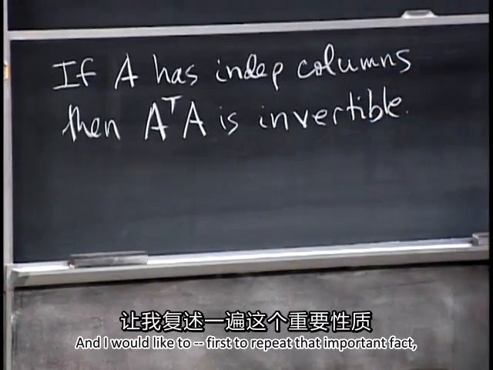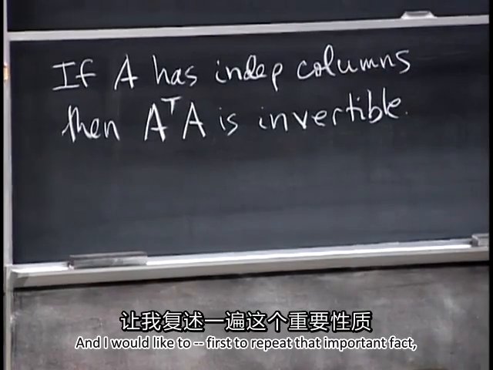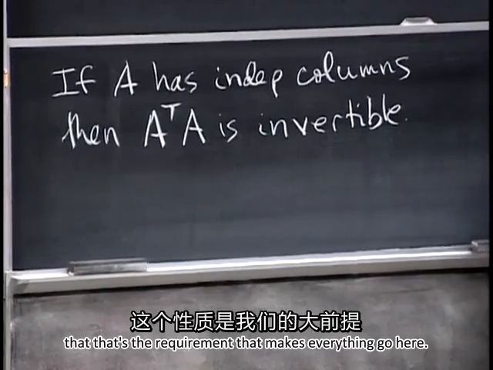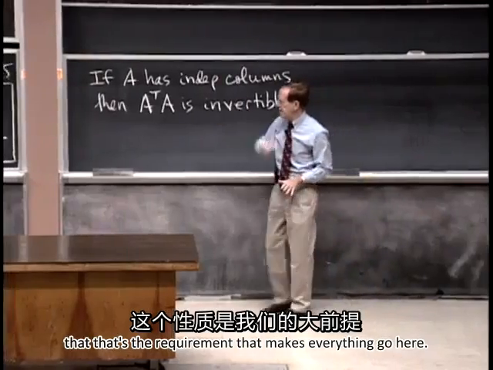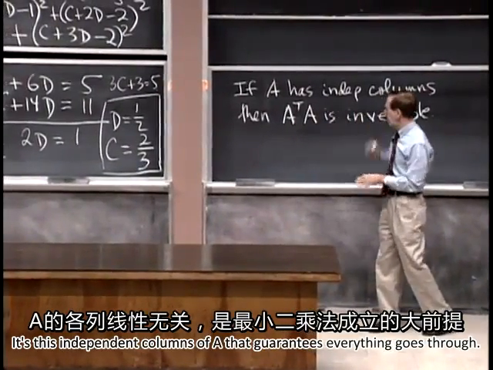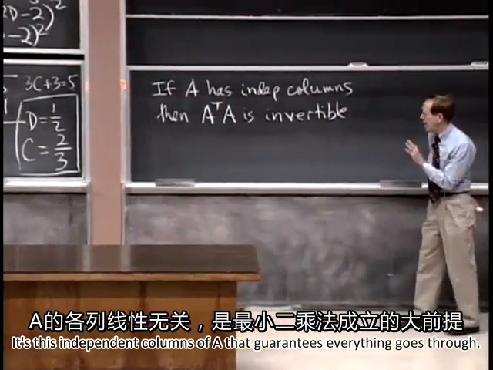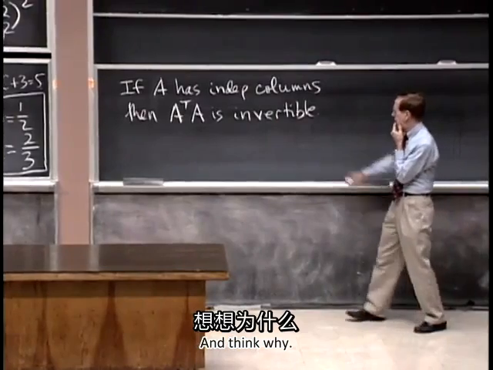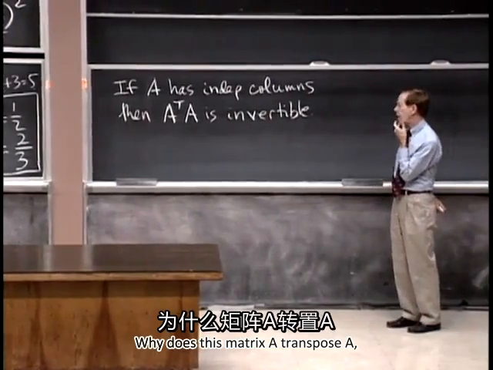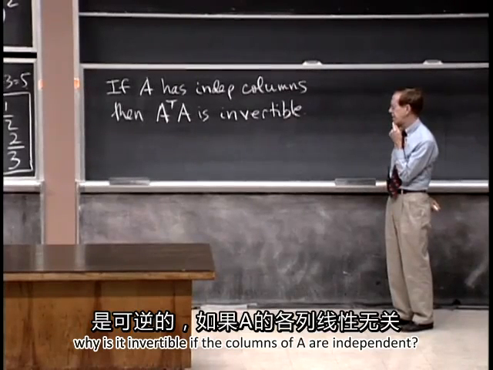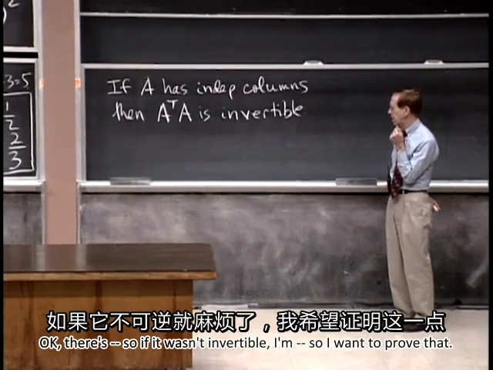And I would like to first repeat that important fact, that that's the requirement that makes everything go here. It's this independent columns of A that guarantees everything goes through. And think why. Why does this matrix A transpose A, why is it invertible if the columns of A are independent?